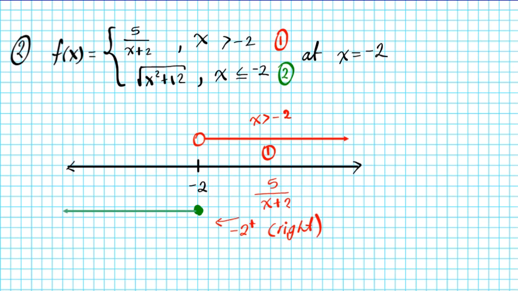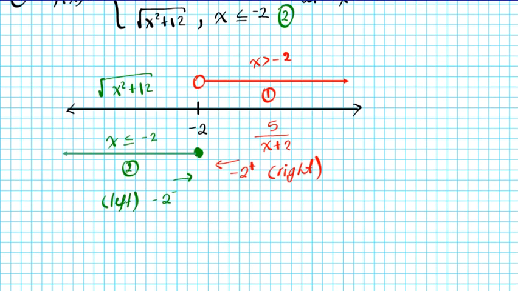So if you're on the point or anywhere to the left, what's going to be active is the function for x less than or equal to negative 2, the square root of x squared plus 12. And this is applicable when you're approaching negative 2 from the left direction. Okay? Alright, so we have everything set up.